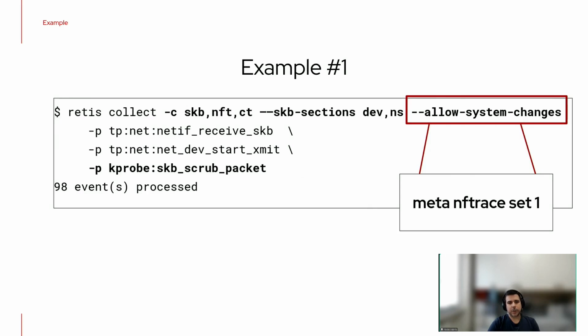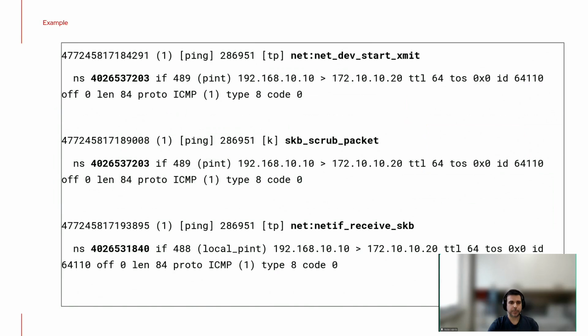It is also worth noting the option allow-system-changes. This is required for the NFT collector as it adds an NFT rule enabling tracing. And running the command, Retis now shows the events and how the namespace information gets updated.